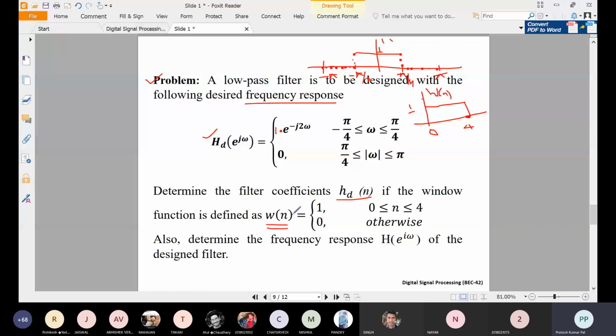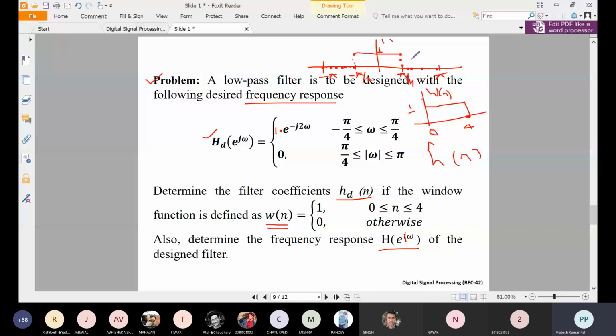Once the window function is given, it is also asking to determine the frequency response at e to the power j omega of the designed filter. So after designing the filter, we need to plot the magnitude plot. First of all, it is asking for designing the filter, so we need to find out h cap of n. That will be hd of n multiplied by omega n.